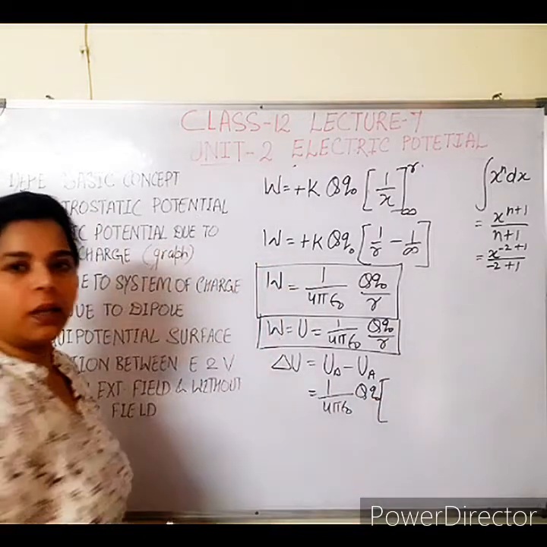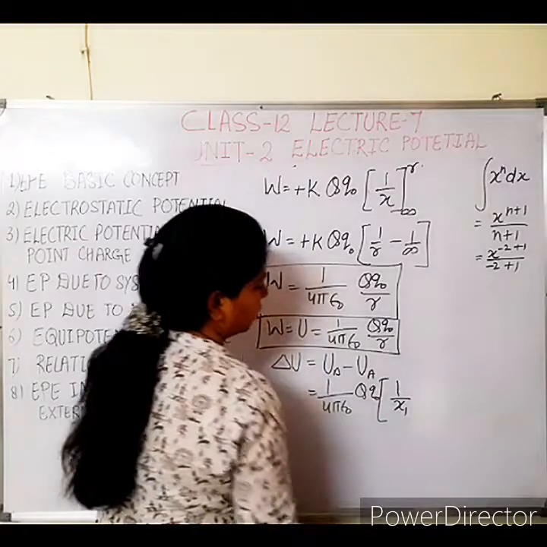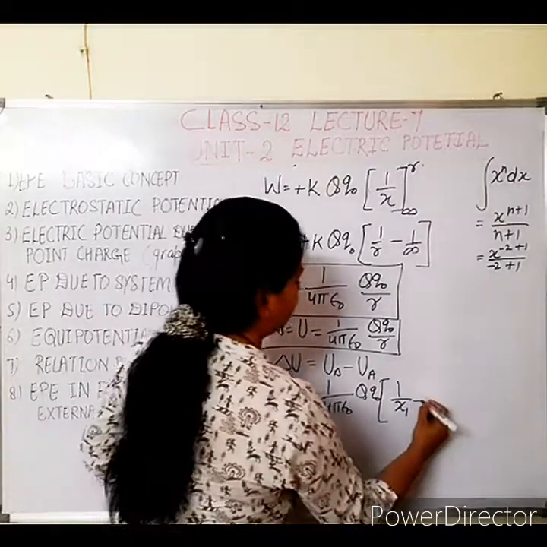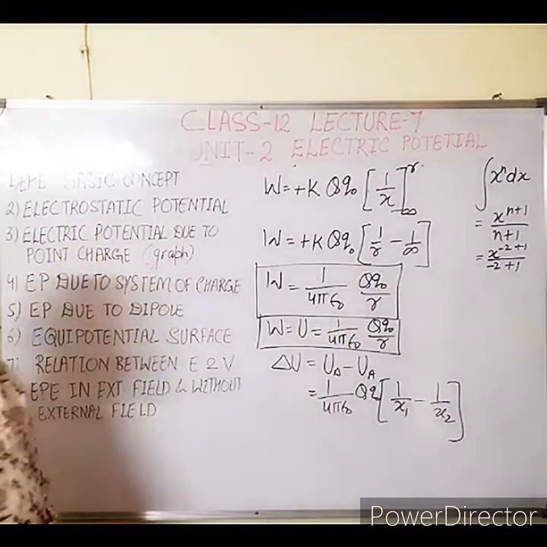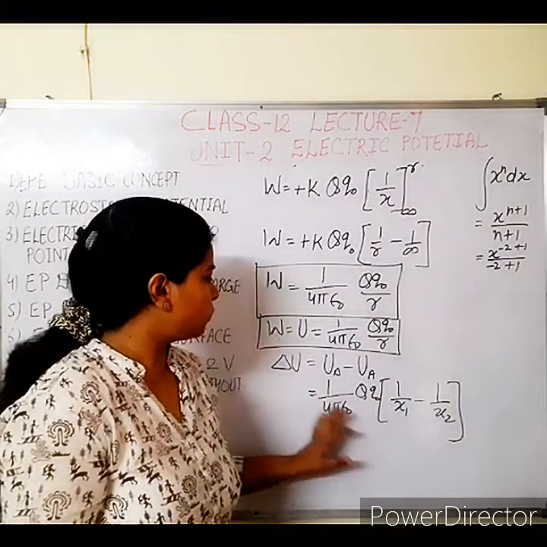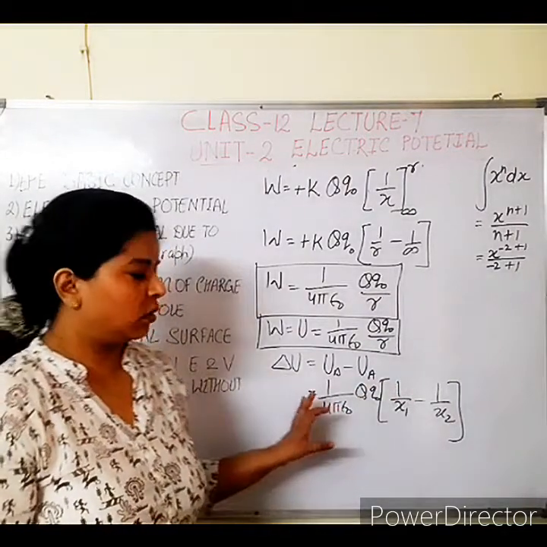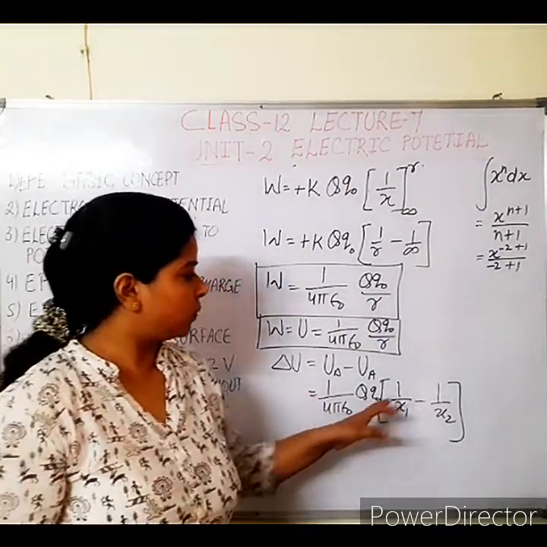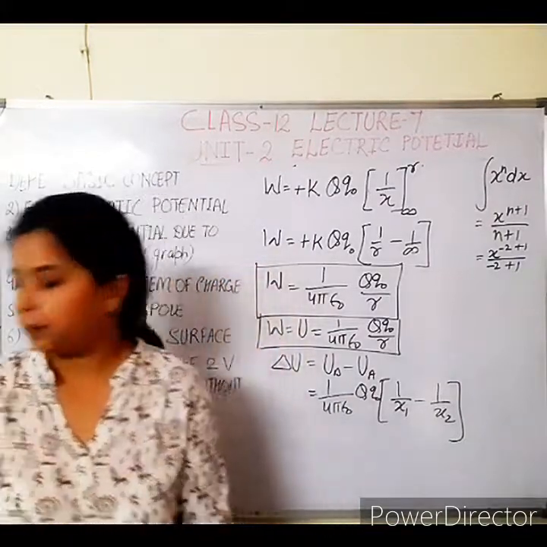Let the position of point B from the center be x1 and the position of point A from the center be x2. So you will get the value in this term. This is the more generalized formula for the change in potential energy from B to A point. I hope it is clear to you. You can note down the steps. It is very important.